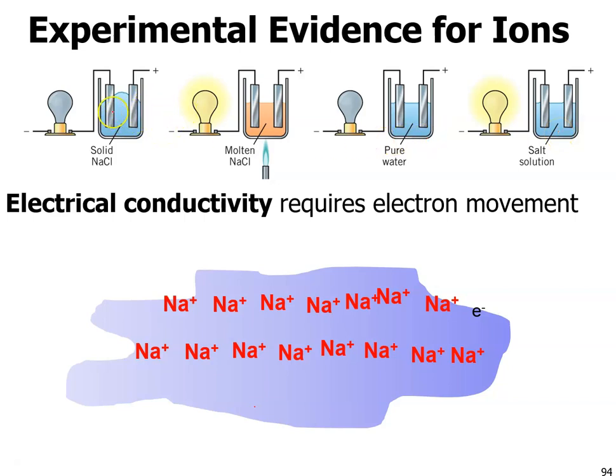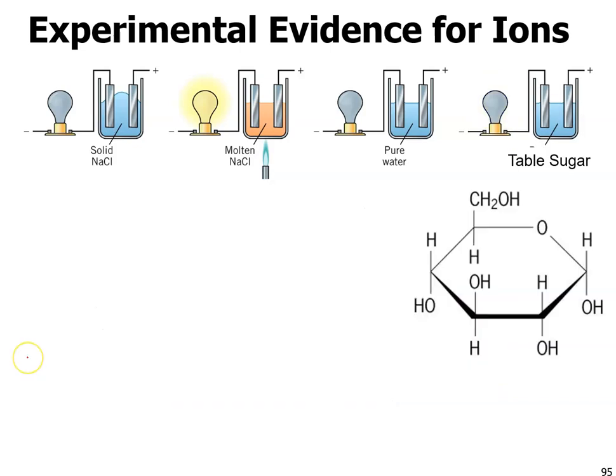Otherwise, if we're in a solid, those are too far apart and there's no movement, so we can't have that electrical conductivity. The last example was of an ionic compound, but let's look at table sugar.